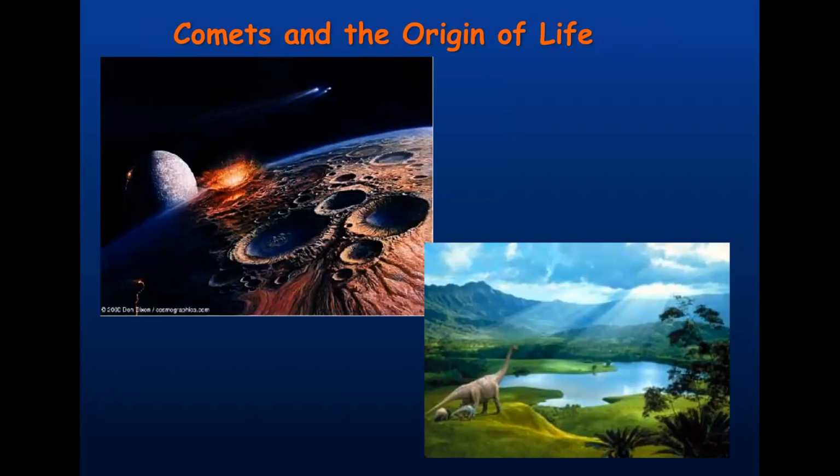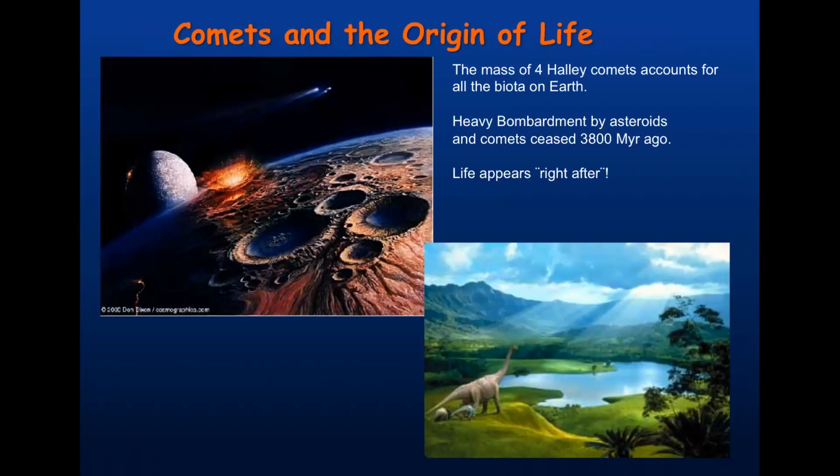So this is related, as I said, to the origin of life, presumably, because if you take the mass of 4 Halley comets, that would be enough to account for all the biota on Earth. And during the heavy bombardment by asteroids and comets, that stopped around 3.8 billion years ago, thousands, millions of these bodies impacted the primitive Earth.